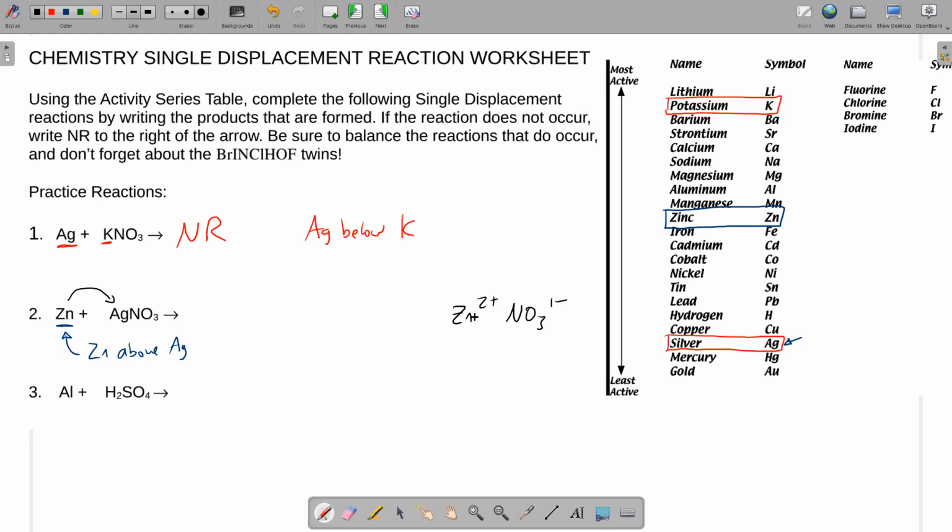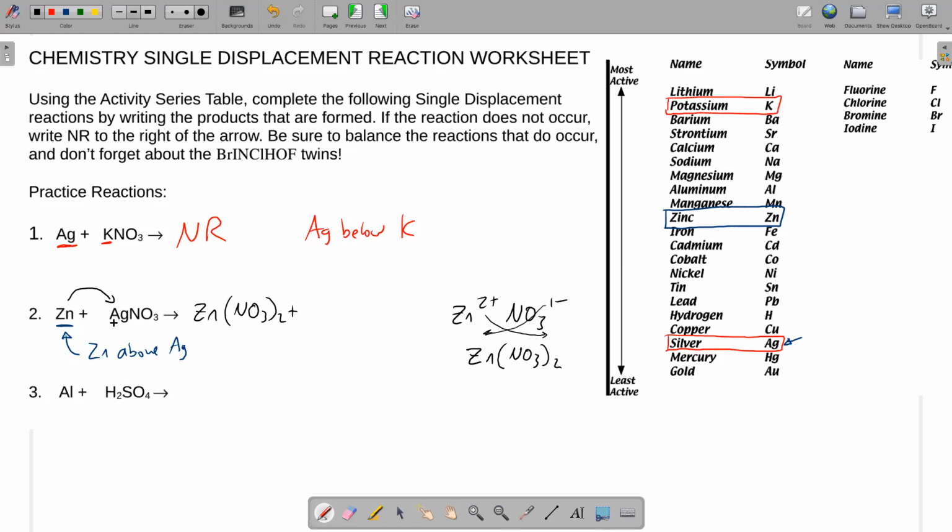Zinc has a charge of 2 plus, nitrate has a charge of 1 minus. Whatever the charge for the zinc is, that's how many nitrates you need. Whatever the number of nitrates is, that's how many zincs you need. So the compound is going to be Zn(NO3)2.